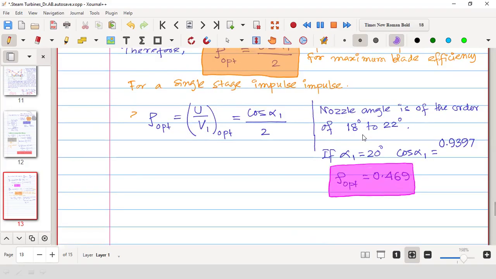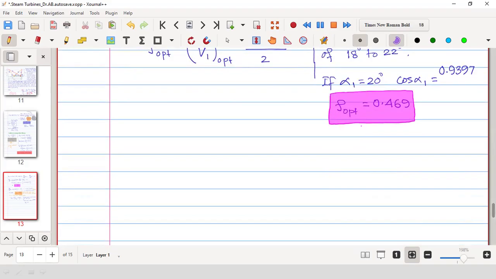Now, if alpha 1 is, I'm sorry, not 90, if alpha is 0 degree, then cos alpha is 1, and therefore rho optimum will be half.